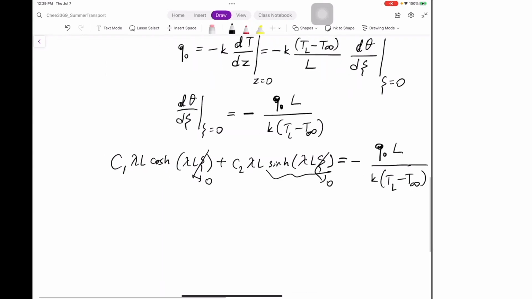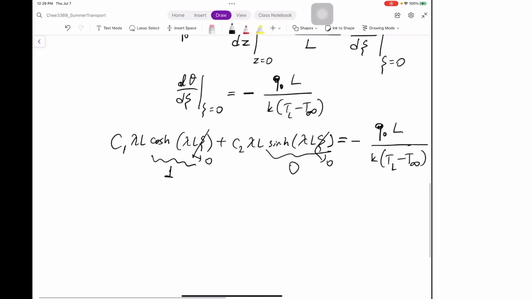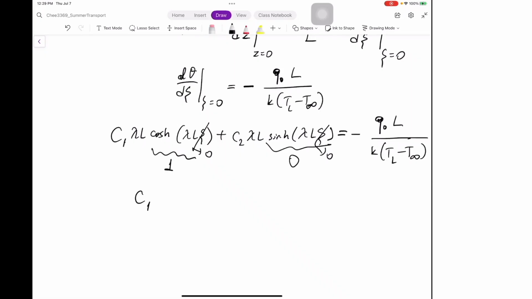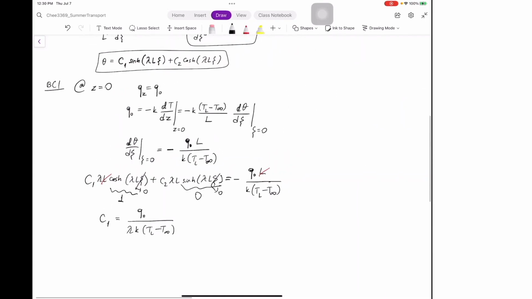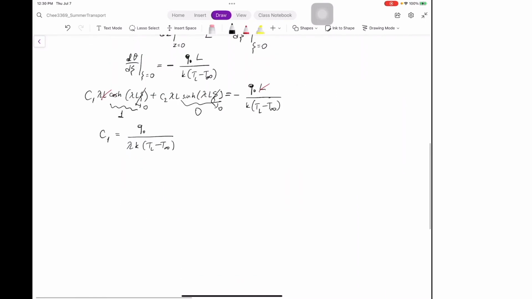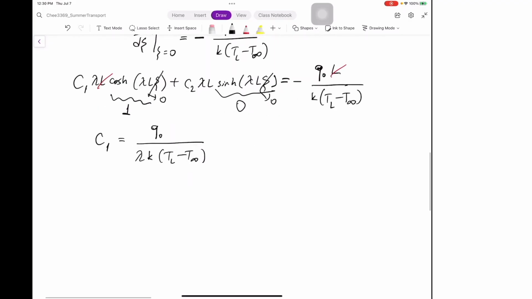From here, the sine hyperbolic term becomes 0, and then the cosine hyperbolic term becomes 1, right? So from here, you get C1 is equal to, the L's cancel, Q0 over lambda K TL minus T infinity. Correct? So we found the C1. You're missing a negative sign. I'm missing a negative sign, yeah. Okay, yeah.